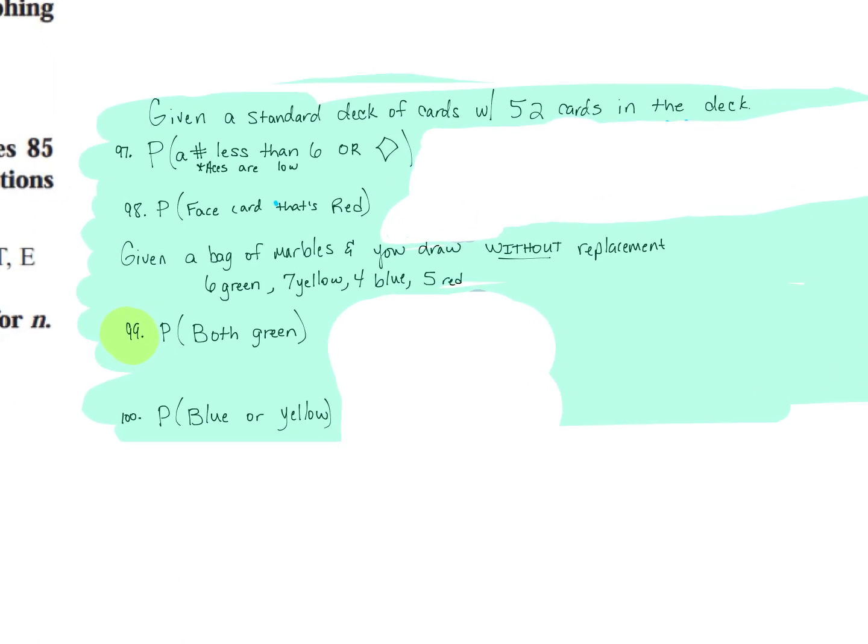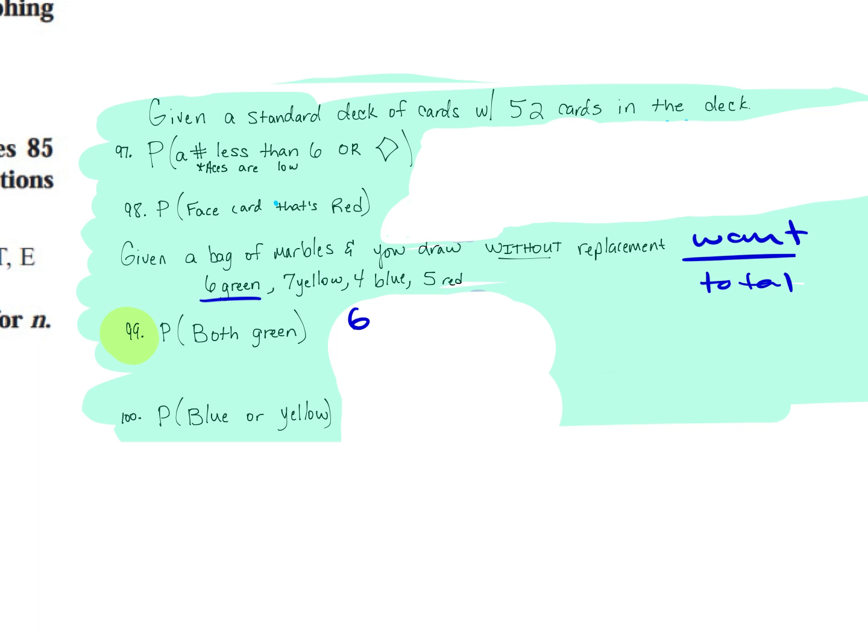Let's look at 99. So given a bag of marbles, you draw without replacement 6 green, 7 yellow, 4 blue, and 5 red. What's the probability that they're both green? So remember, it's what we want over the total. So I have 6 green marbles, my first pick, over the total amount of marbles, which would be 22.